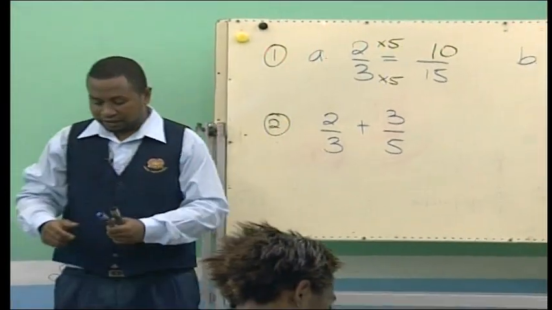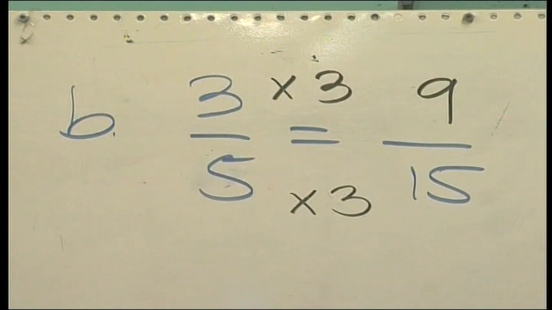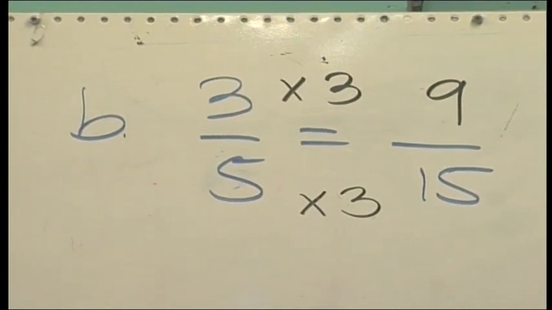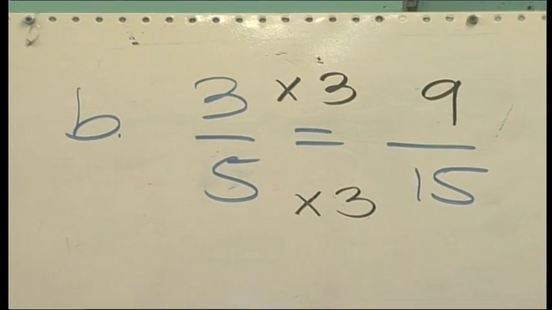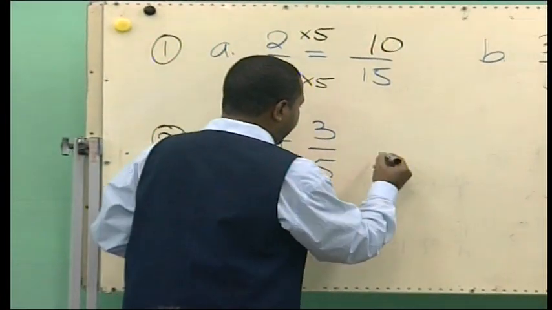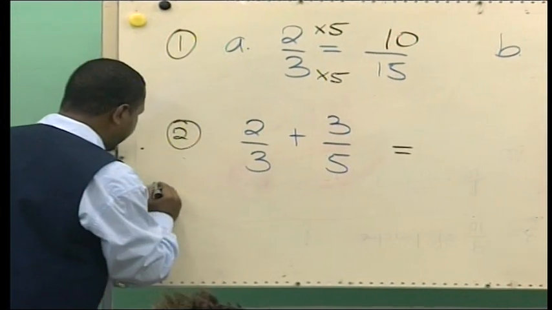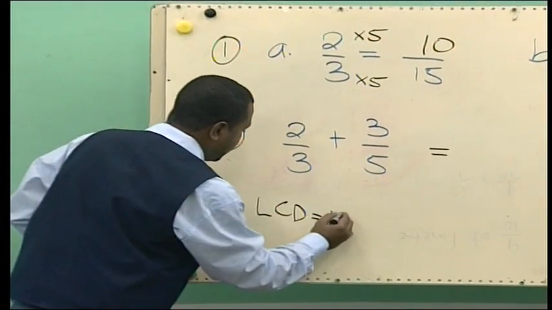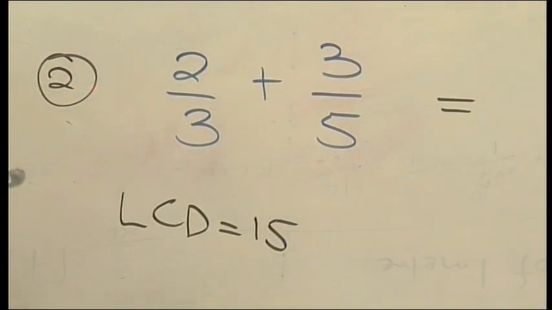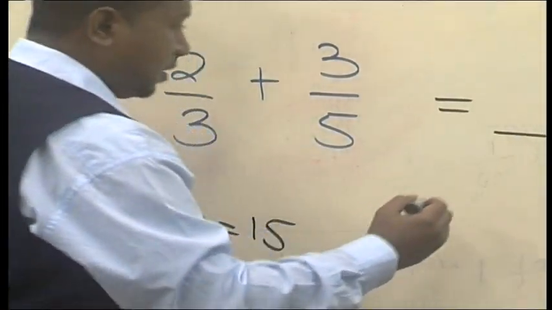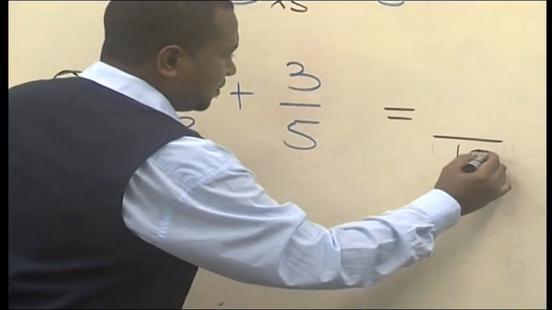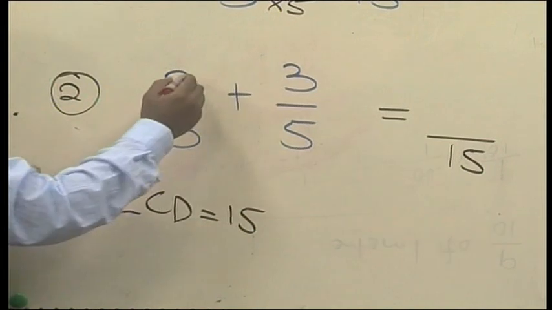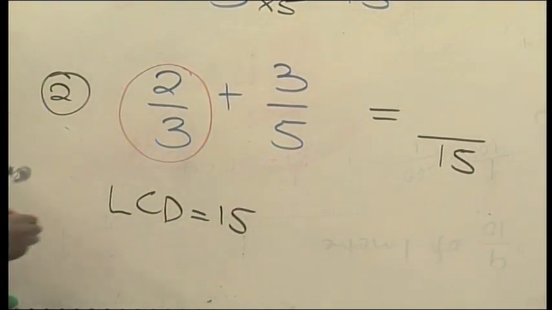70s and receiving students, let's look at the second exercise. Class, what is the first step? What are we going to find? The LCD. So what is the LCD here? 15. LCD is 15. So if the LCD is 15, we are going to find the equivalent fraction of 2/3.